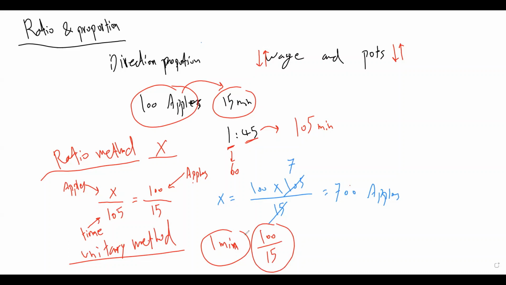Then you want to find out how many apples can be picked in 105 minutes. You already found the answer for 1 minute, so for 105, you just multiply that by 105, and again the answer is 700 apples.